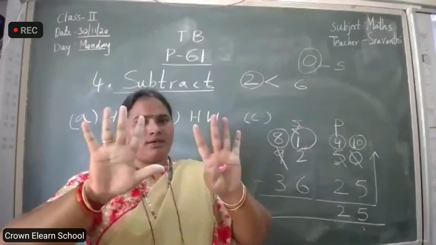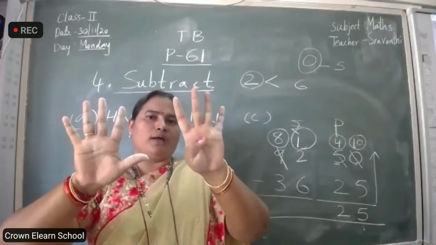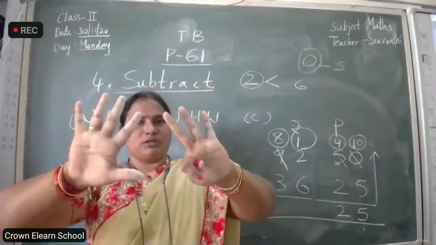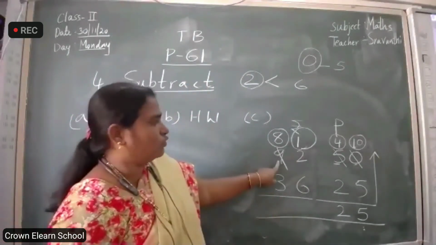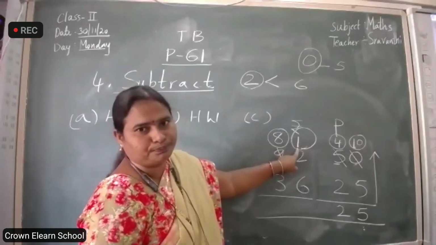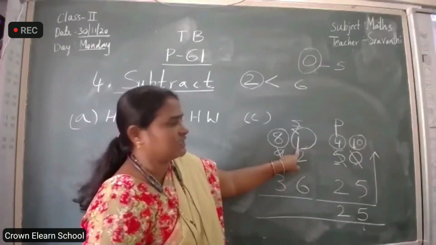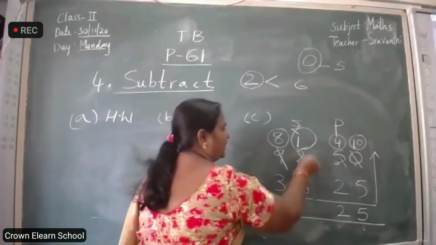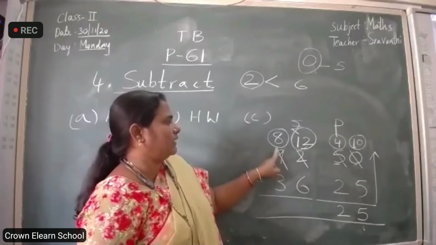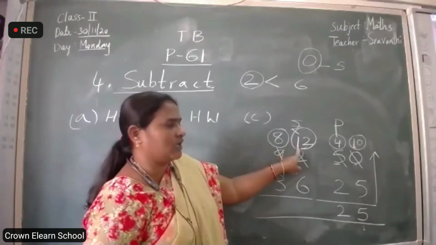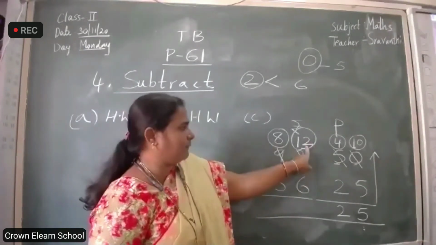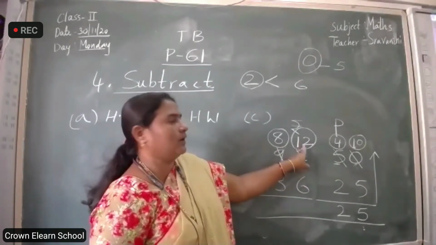9 is there. It wants to give 1 to the next number, so it becomes 8. To whom does it give? To this number it is given. So same 2 is there. 9 becomes 8, and 1 is given here. Same 2 right up. 2 becomes 12.